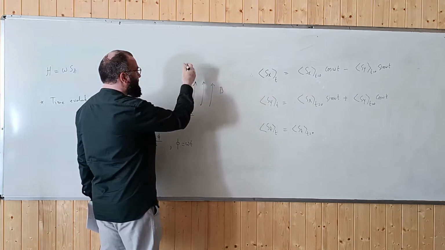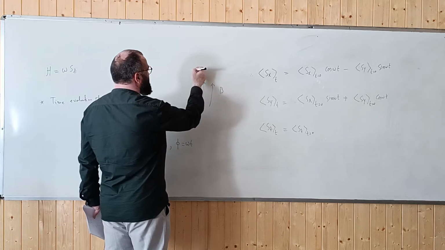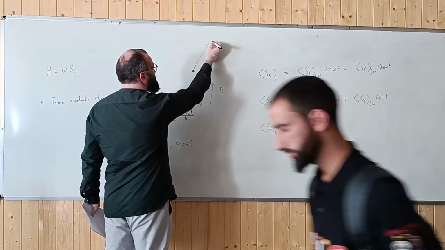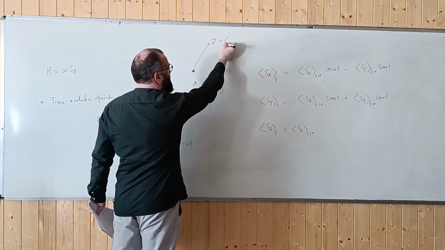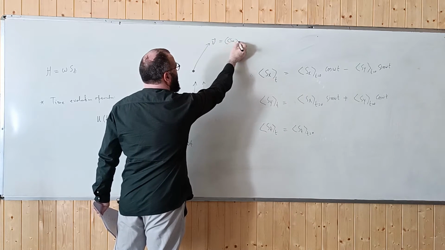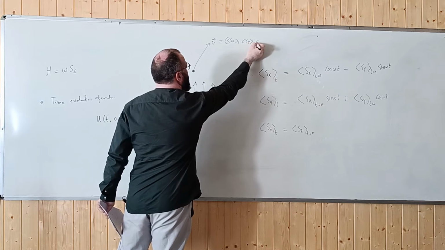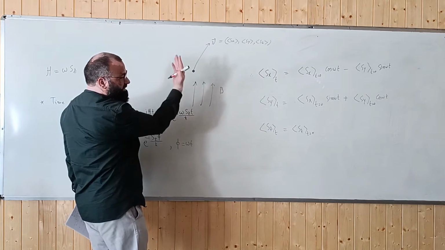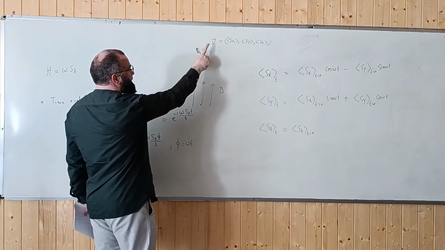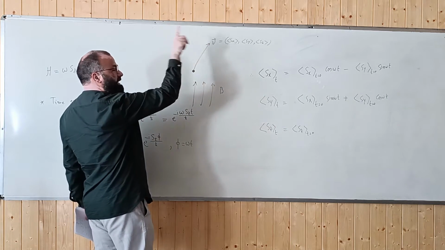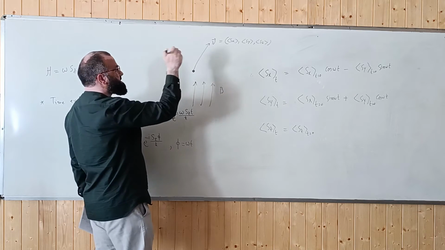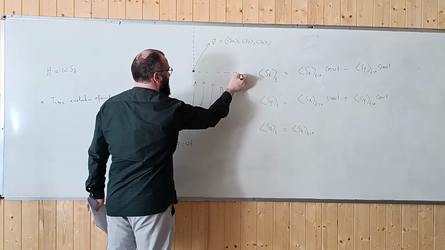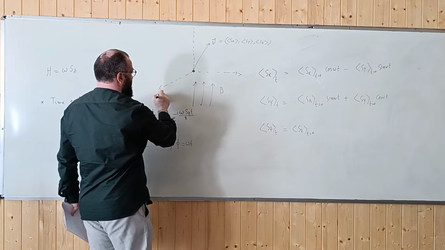Let's call this vector V. Its components are the average value of S_x, the average value of S_y, and the average value of S_z. Got it? When you apply the magnetic field, what will happen? The tip of the vector will rotate in the xy plane, about the z-axis. Let's say this is your z-axis, this is your y-axis, and this is your x-axis.